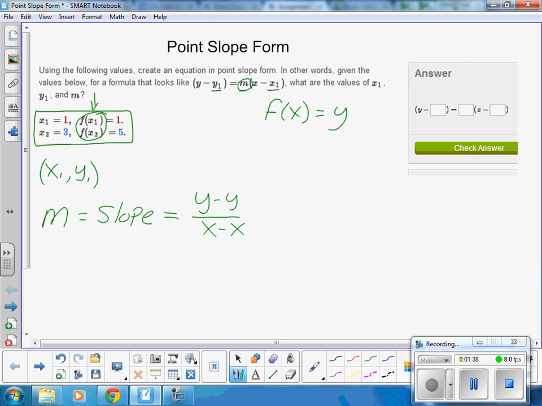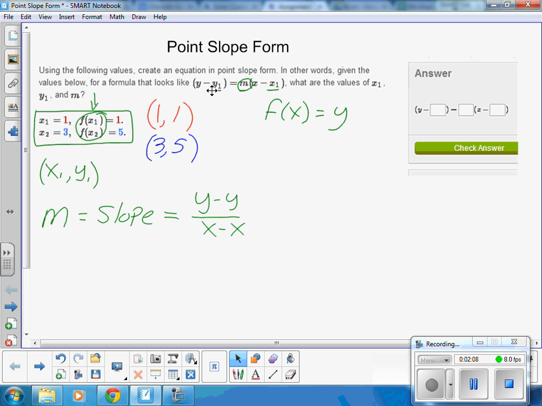What they give us in red is 1, 1. That's your ordered pair for the red point. The blue point has an ordered pair of 3, 5. So that's the notation stuff.